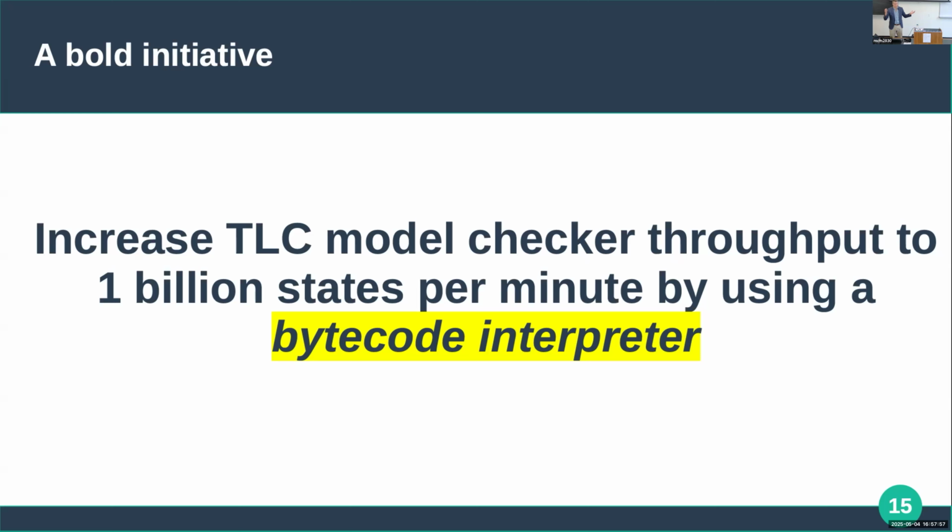What if they had 10 billion states with 10 minutes of model checking time? They might be able to go from 2 transactions to 3 transactions, honestly. Maybe there'd be a bug hiding in 3 transactions that they wouldn't find in 2 transactions.